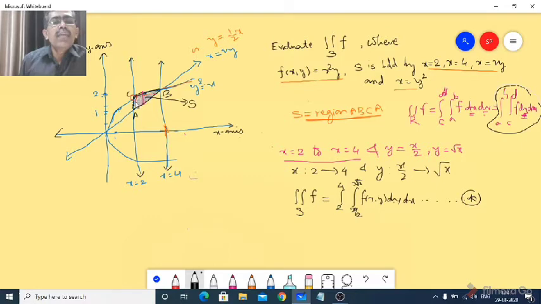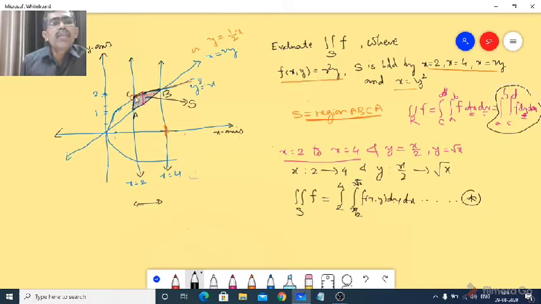Now I will take a line parallel to the x-axis in this region S and move it along the y-axis. Now it will move from this point up to this point.